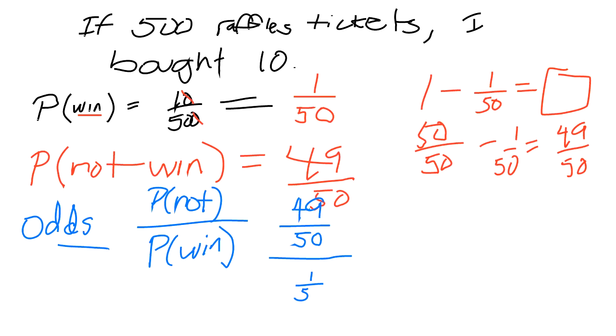So again, this is called the odds when you see a question with that. The probability of me not winning is 49 over 50, and the probability of me winning is 1 over 50. So this setup right here is the odds against winning, because the not is on top. Okay, so I'm not going to win.